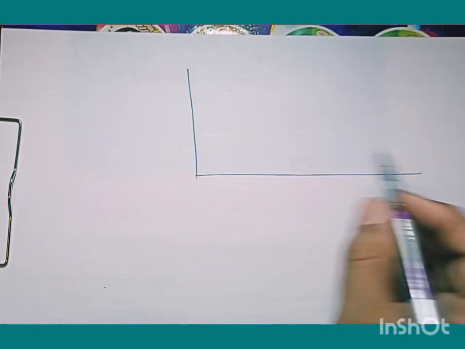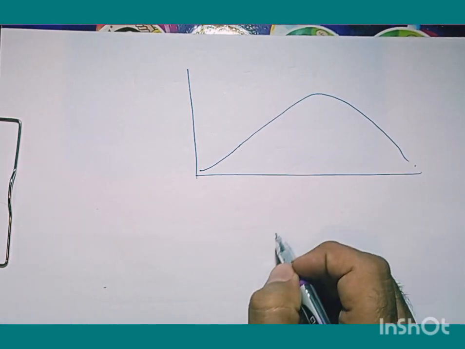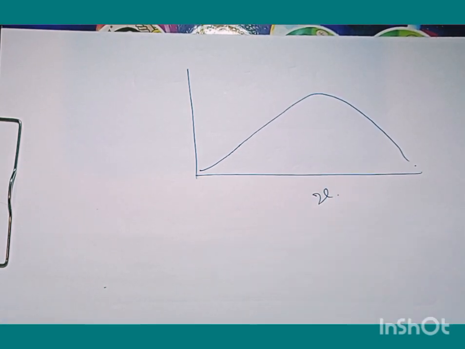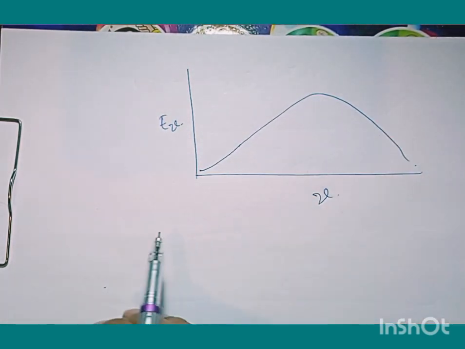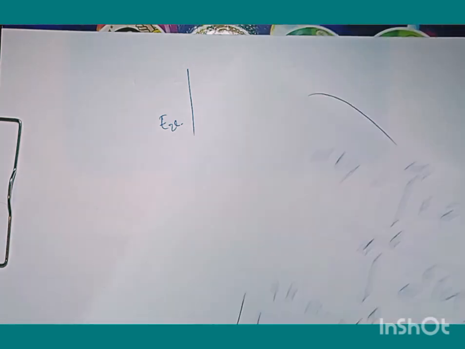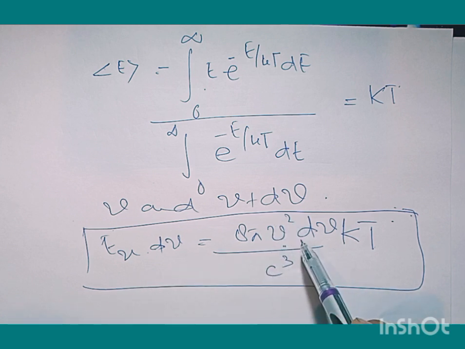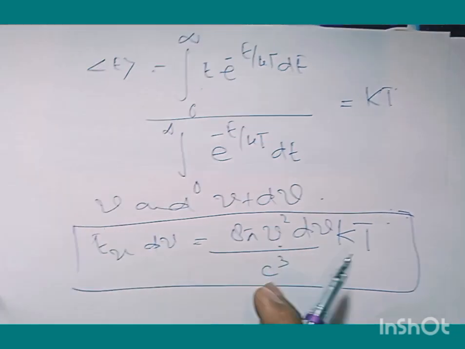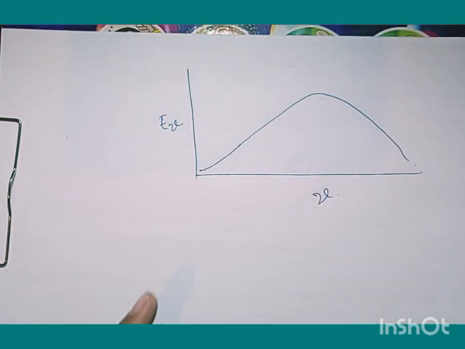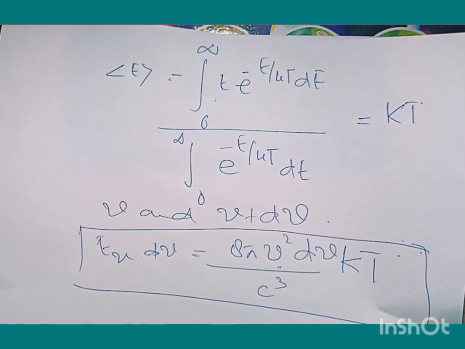If I trace the experimentally measured spectrum in terms of the frequency, with nu on the x-axis and E nu on the y-axis, the curve looks something like this. But according to the result that we have obtained here, at infinite frequency the energy emitted is infinite. And the experimentally observed radiation curve is in complete disagreement with the equation obtained by Rayleigh and Jeans.